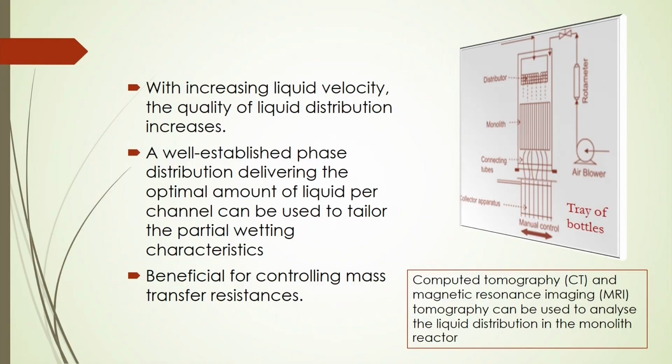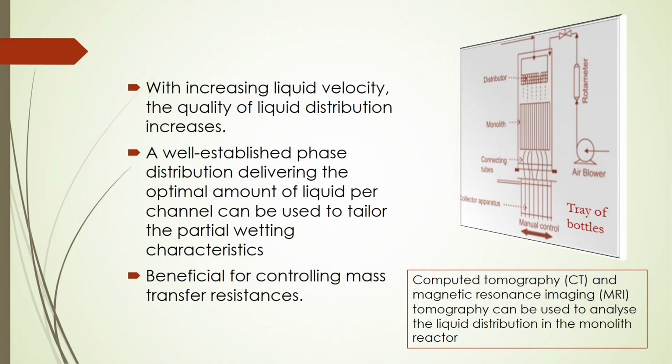So generally, increasing liquid velocity increases the quality of liquid distribution, but if there is a special structure where you insert some internals, sometimes it may give you a stagnant region. If you optimize those stagnation factors for the liquid distribution, then you can get an enhancement of mass transfer based on this liquid distribution.